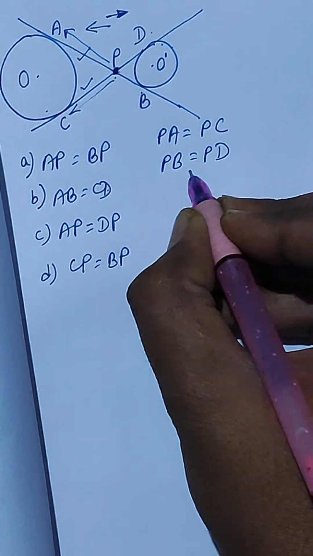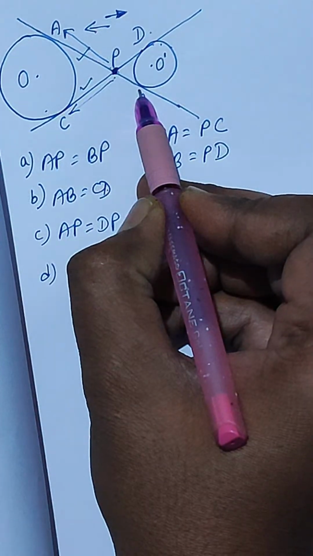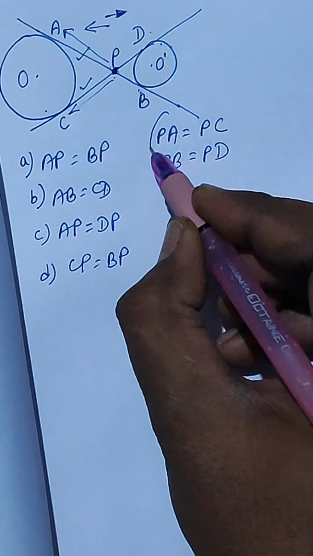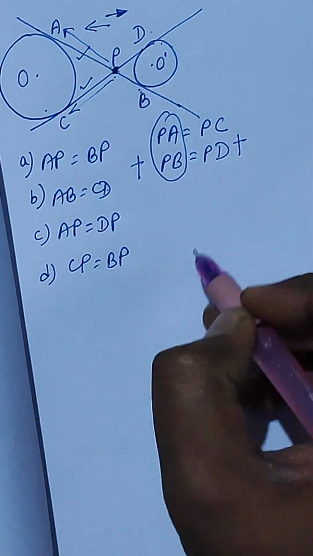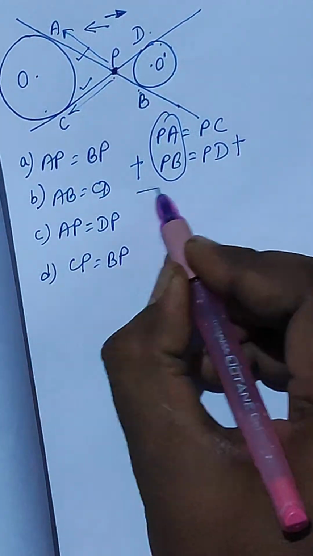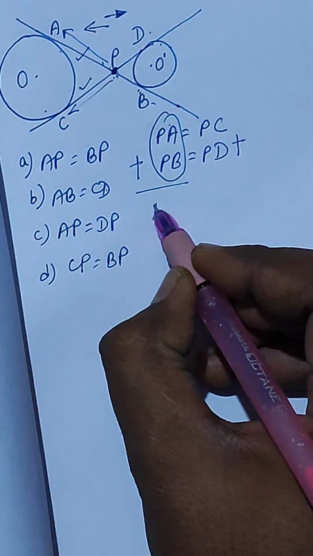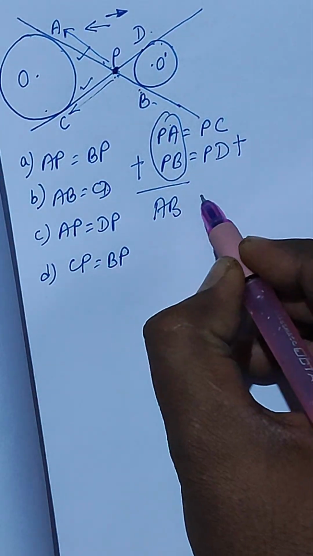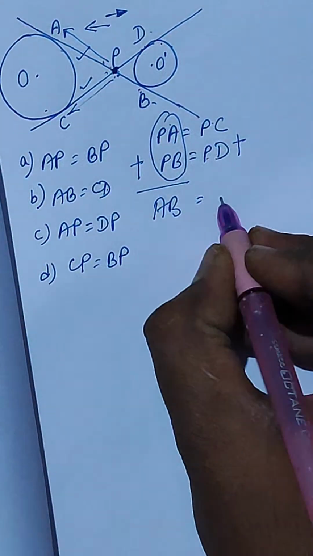Why am I writing in this sequence? Because PA and PB can be added, and this acts as a straight line. So when you add LHS and RHS, you will get PA plus PB, which is equal to AB, and on the RHS PC plus PD, you will get CD.